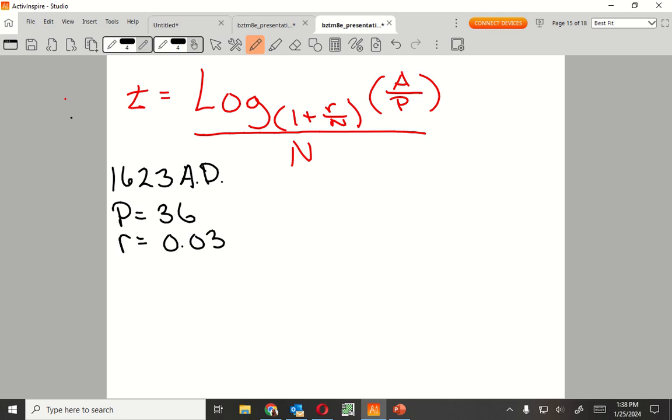0.03. How often is this compounded? Semi-annually. So what is semi-annually? Yep, I heard it, 2. So N is 2. And my last one, what do I want to have in my account at the end? $1,000.